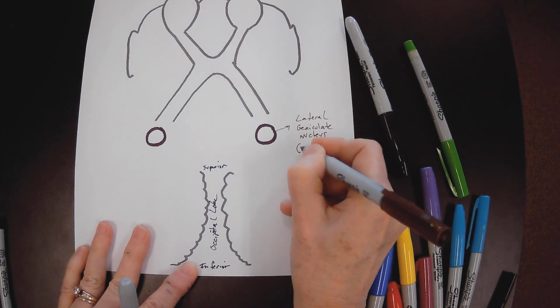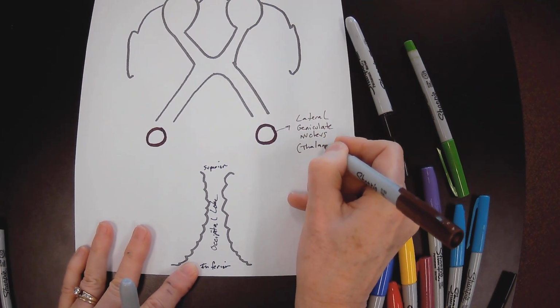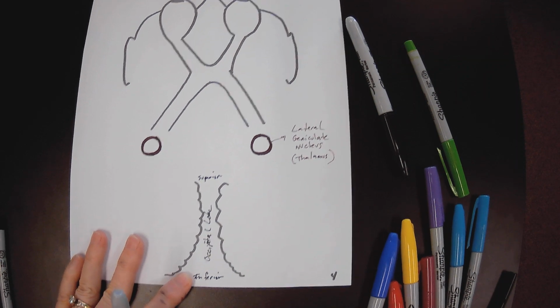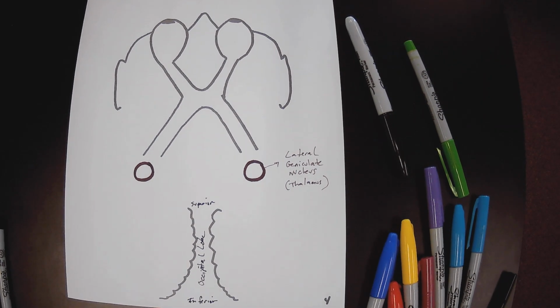This nucleus is in the thalamus, and it's bilateral. So that's the nucleus we associate with vision, but it's not in the brainstem, it's in the thalamus. Like I said before, all sensory information goes through the thalamus except for olfactory. Olfactory doesn't make it there. That's the only one.